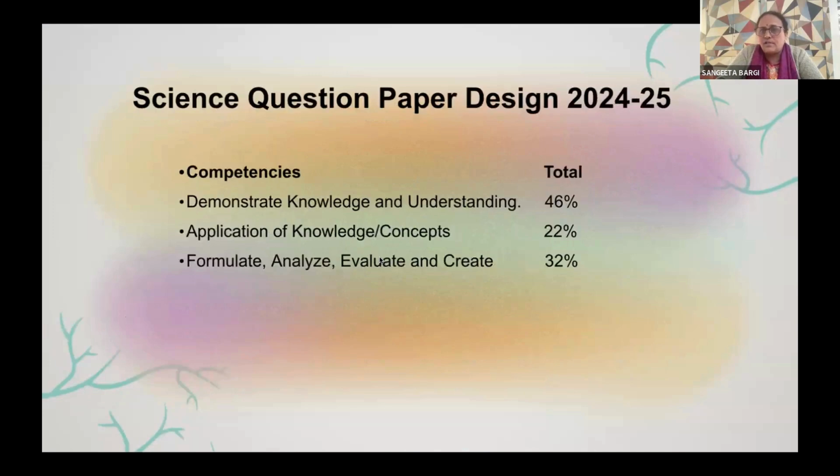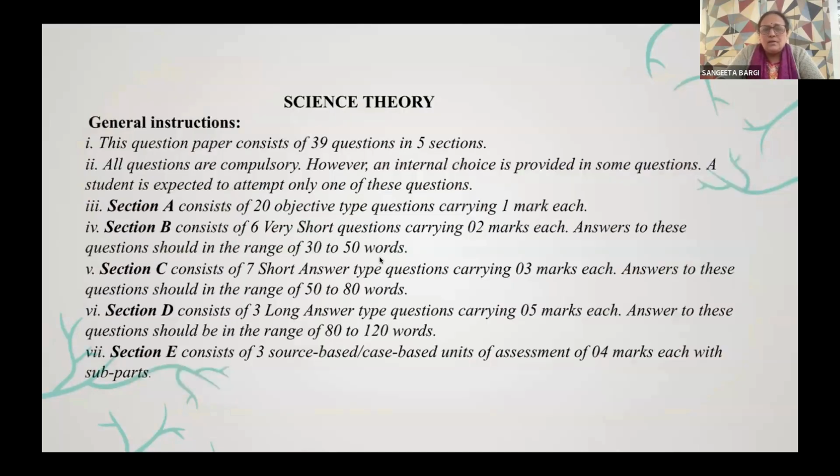Now, the design of this year's question paper includes the following competencies: demonstrating knowledge and understanding, 46% weightage; application of the knowledge or concepts, 22%; formulate, analyze, evaluate, and create. If you are familiar, this is in line with Bloom's taxonomy. So this is the question paper design.